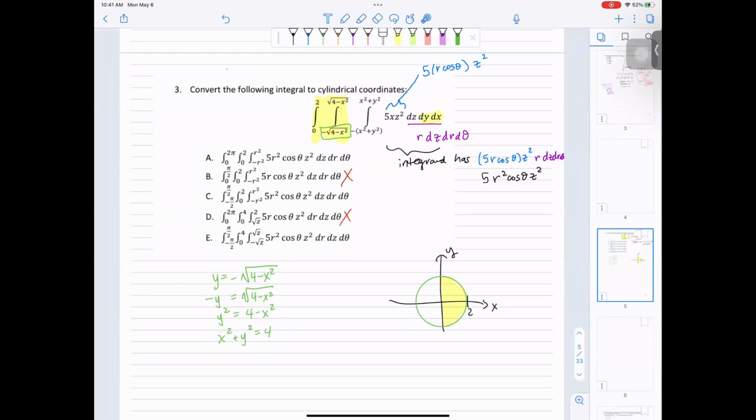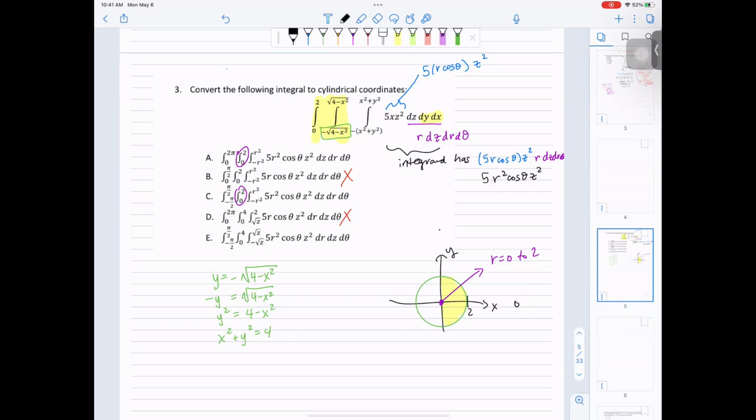Okay, so let's look at these first two choices. What would my r and theta bounds be? After I do the z bounds, I collapse the z-axis and I'm left with this projection in the xy plane. R goes from the center to the radius, so R should go from 0 to 2, which both of them have, okay. But what should theta go between? Remember, think of theta as the unit circle.